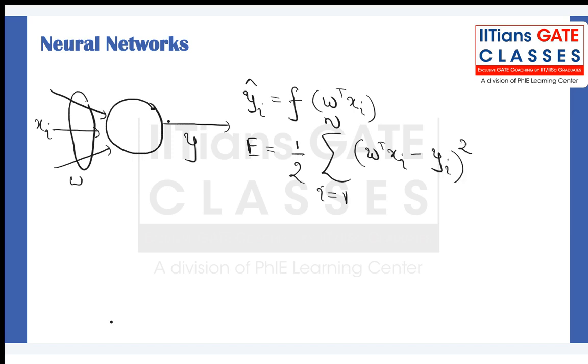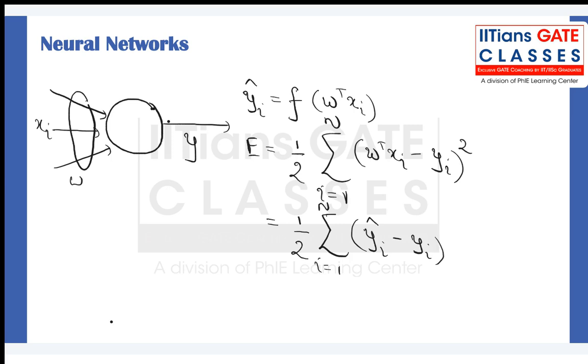I can write this as 1 by 2 summation i equal to 1 to n, instead of w transpose xi, yi hat. Again, yi hat is the final output given by the neural network, which could contain any number of hidden layers, minus yi, whole square.